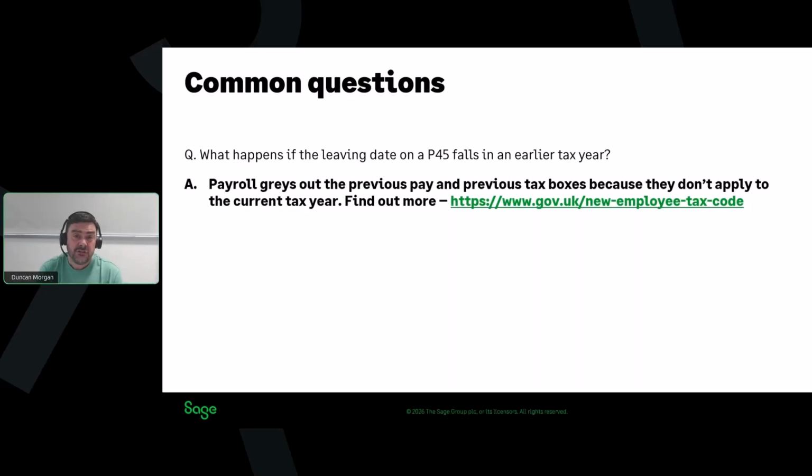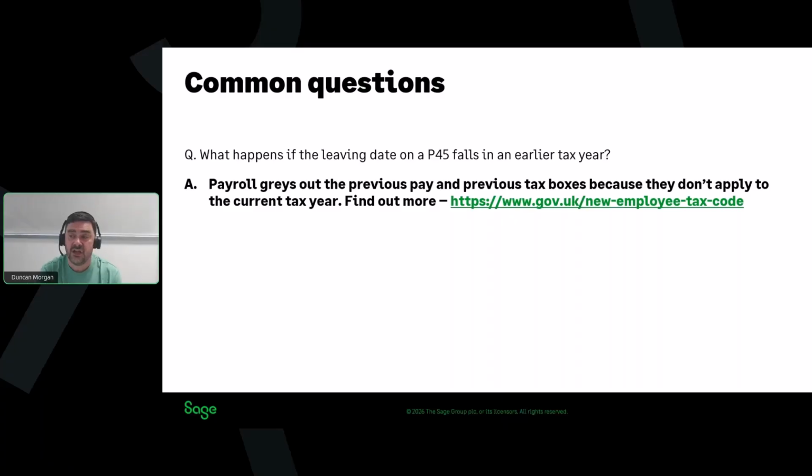So what the software will do, if you enter a historical leaving date, so a leaving date in a historical tax year, is it will disable the previous pay and tax boxes as they don't apply to the current tax year. So it means you can still use the details on the P45, but you would just take the tax code from the P45.